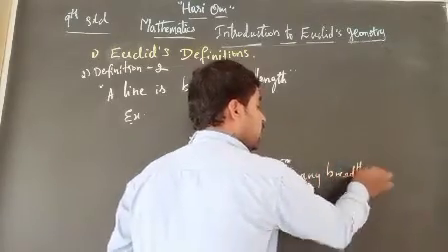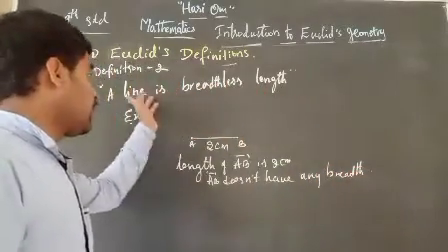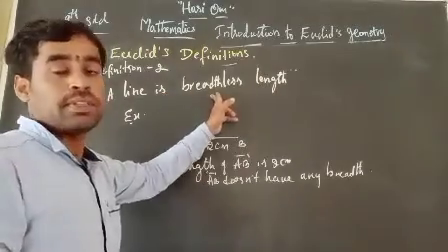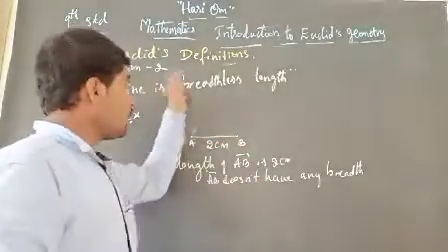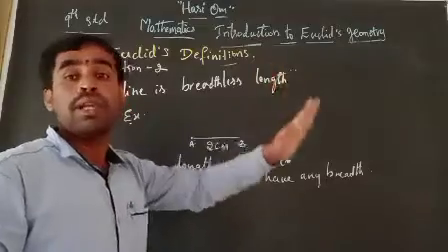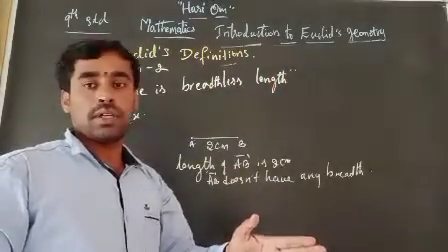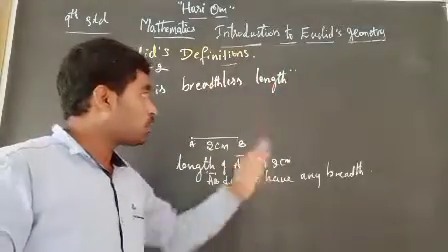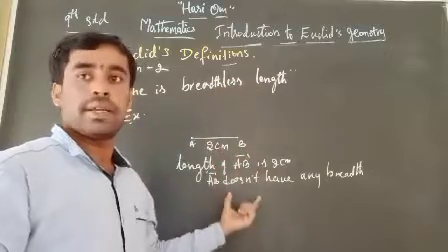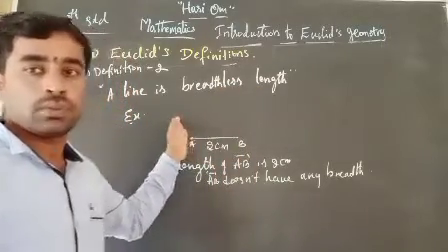Is it clear, students? A line is breadthless, which means it doesn't have breadth, and it has only a length. This is definition number 2. Take down this one.